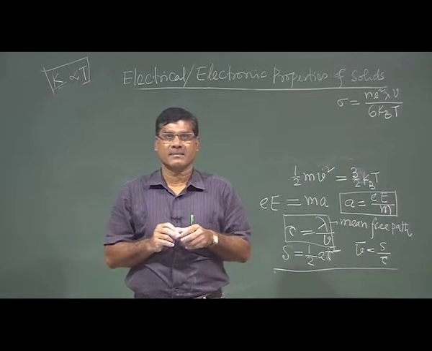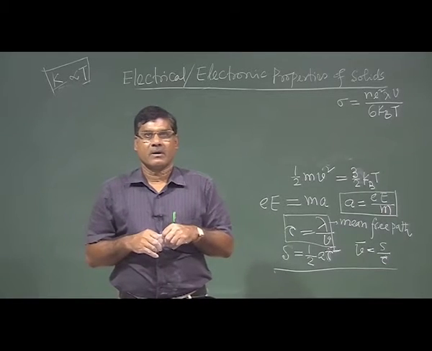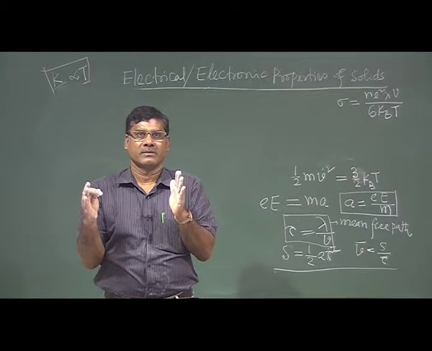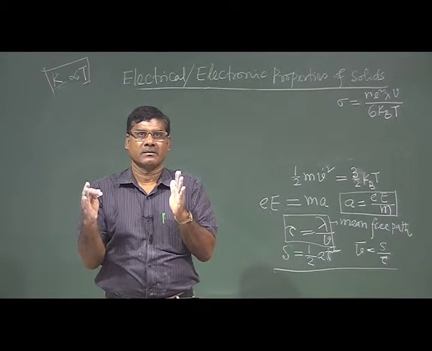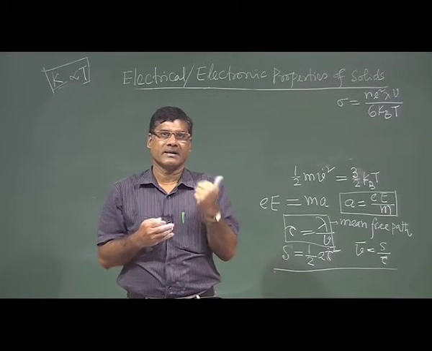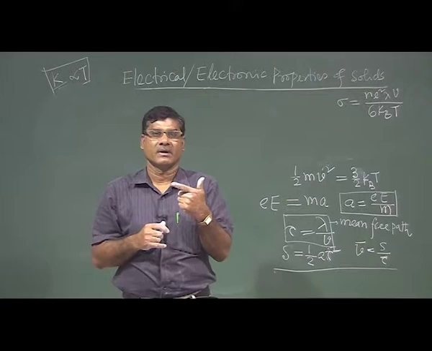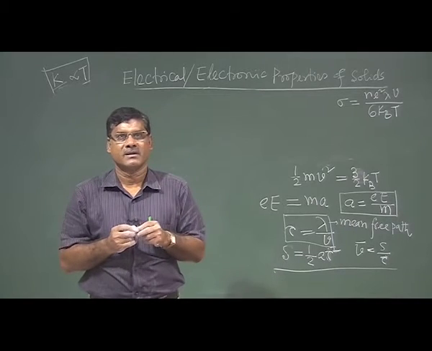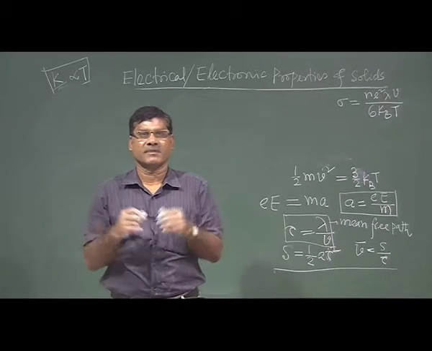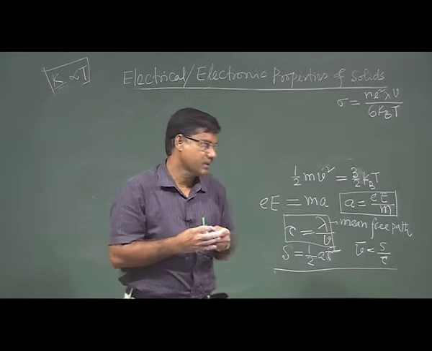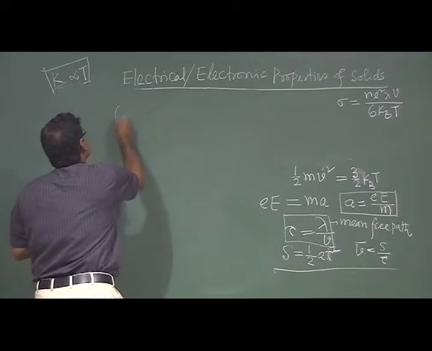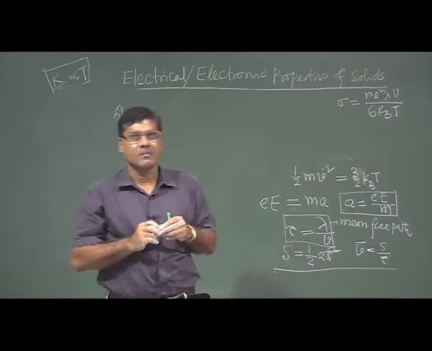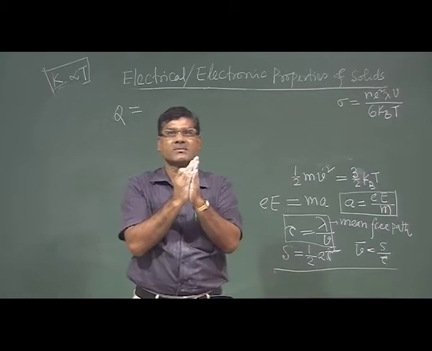Similarly, for thermal conduction we have to apply a temperature difference. Earlier in the electrical case, we expressed the amount of charge or current flowing through the potential difference. Here, the amount of thermal heat transfers from one temperature to another.